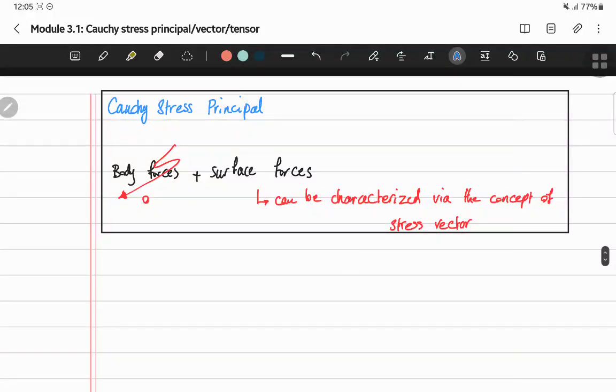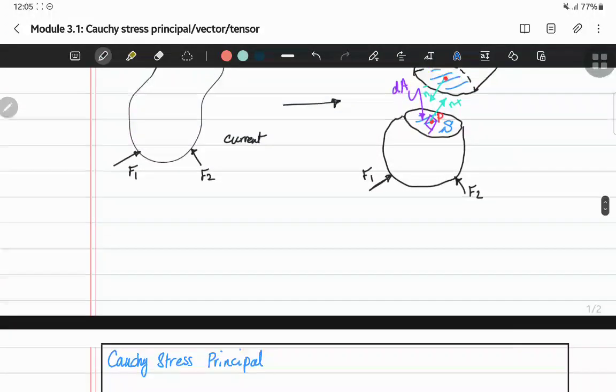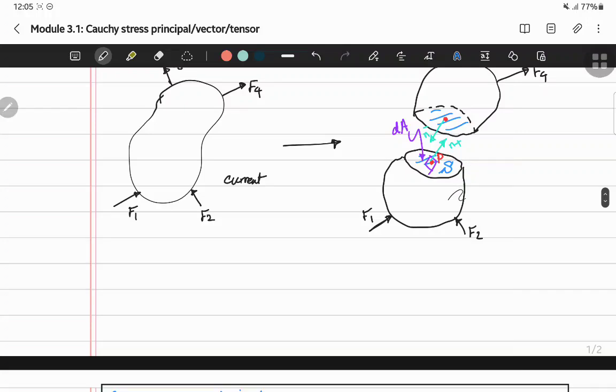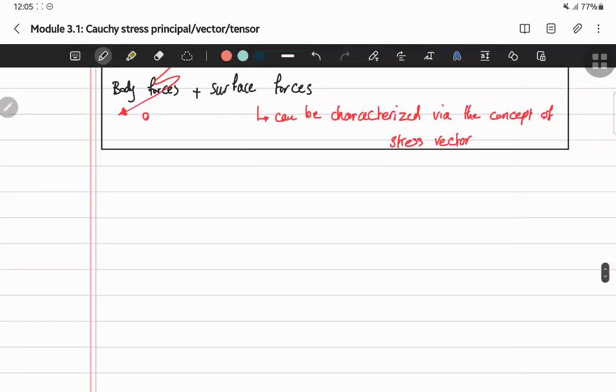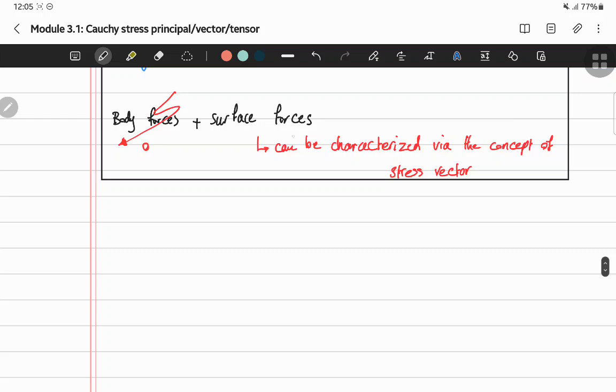Suppose, let's call this 1 and let's call this 2. So we are in either the lower or upper part of the domain. Basically the stress vector, which is capable of characterizing the surface forces here, is defined as Tn equal to the limit of the resultant force.